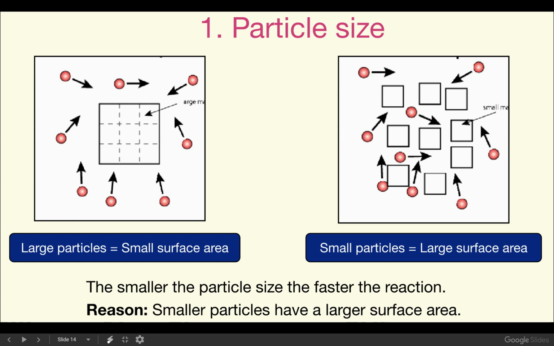So if we're talking about dissolving a tablet into water, it would dissolve much more quickly because there's a much greater chance that the water will get in between the broken parts of the tablet so that it can dissolve. So this rule applies almost across the board in science. The greater the surface area, the greater the speed of the chemical reaction.